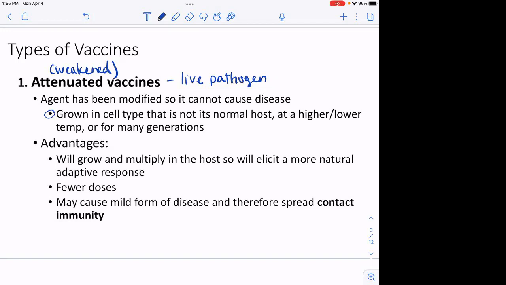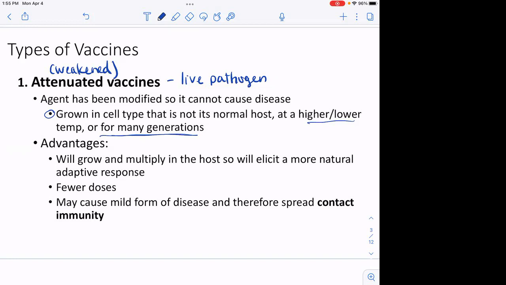And it's the polio virus, but it's been weakened because we've grown it in monkey kidney cells, which is not its normal host cell, instead of human nerve cells. That weakens it, causes mutations to build up, so it's not as virulent. Sometimes we grow it at a different temperature. Maybe sometimes just growing it for many generations has allowed mutations to build up, so it's not causing as full an infection.